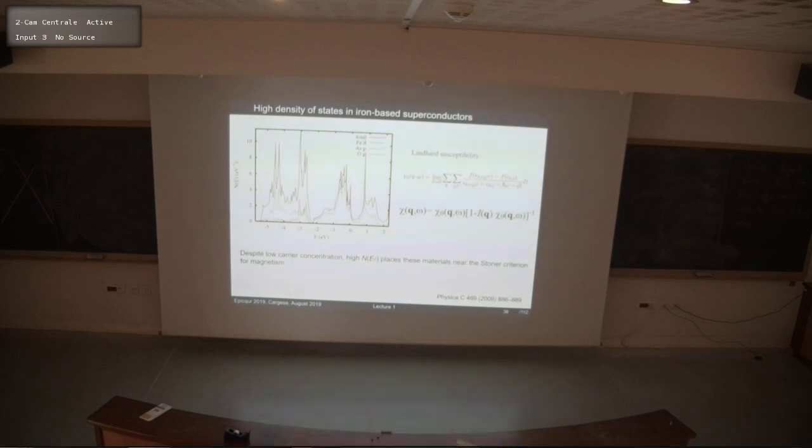Now, there is also another system, potassium iron arsenide, where there is a very heavy mass, and people thought this would be a bit like a heavy fermion system. However, there, again, quantum oscillations and band structure seem to be in pretty good agreement. So people don't talk about missing pockets.